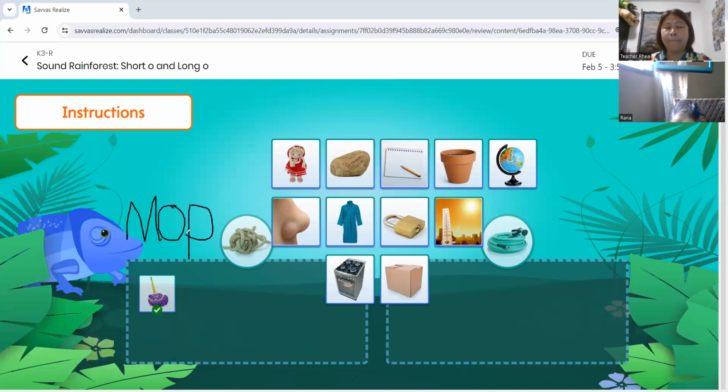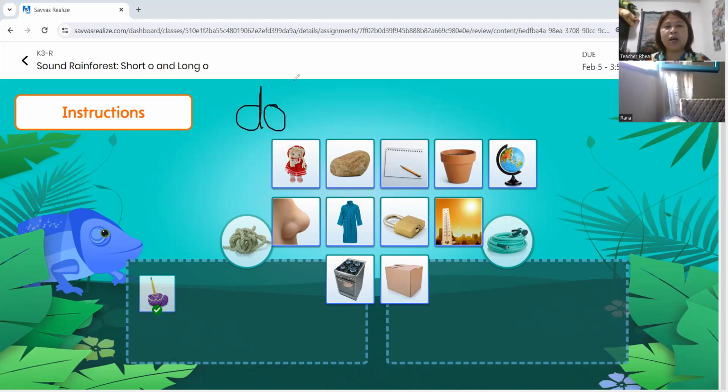Good job, Rana. Next, what is the second picture? What is this? Doll. So can you spell doll? D-O-L-L. Very good. Good job, Rana.